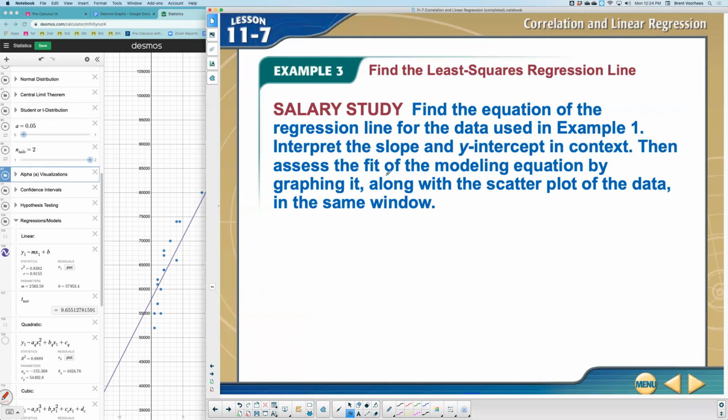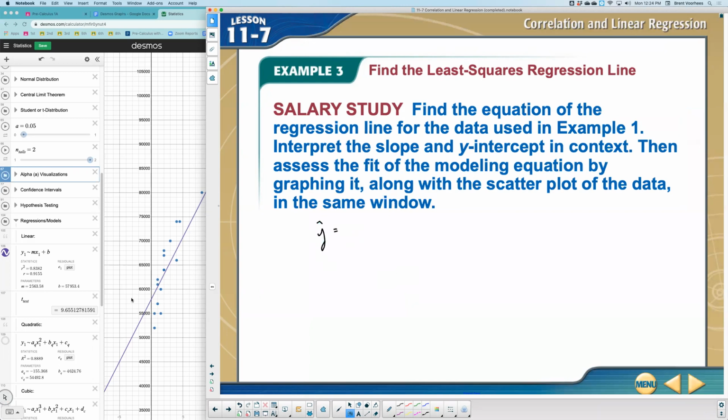It says, find the equation of the regression line for the data used in example 1. Interpret the slope and y-intercept in this context. Then assess the fit of the model equation by graphing and overlaying the scatter plotted data in the same window, which I've already done as part of the last one. So here's our equation, and this is the way you usually write it, with y hat.